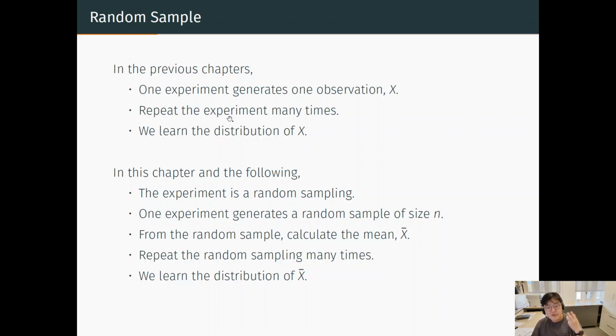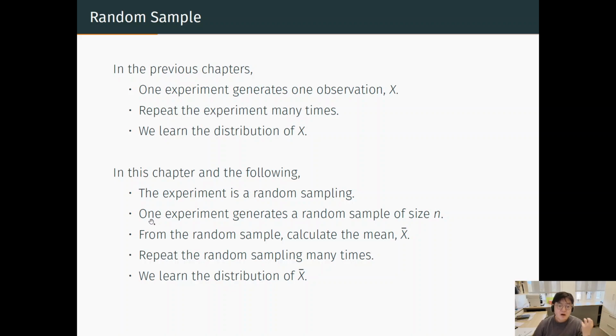Then we learn the distribution of x. If you can repeat the experiment infinite times, then we know the true distribution of the random variable. That was our setup in the previous chapters. But now the experiment of our interest is random sampling, generating a random sample.